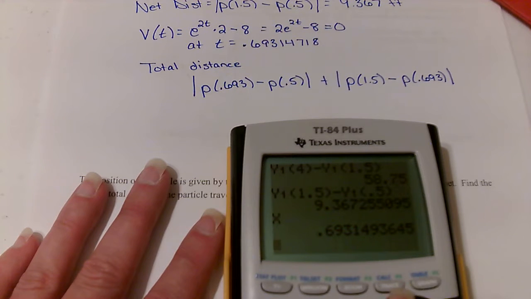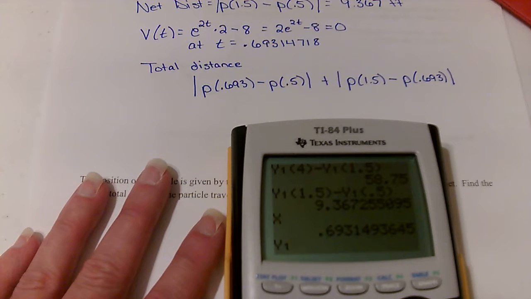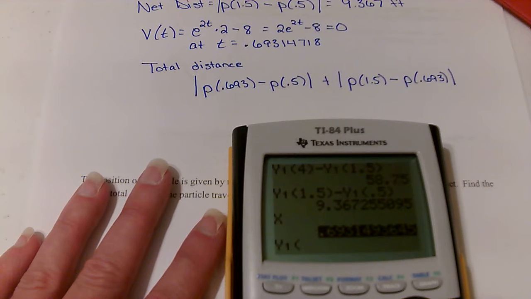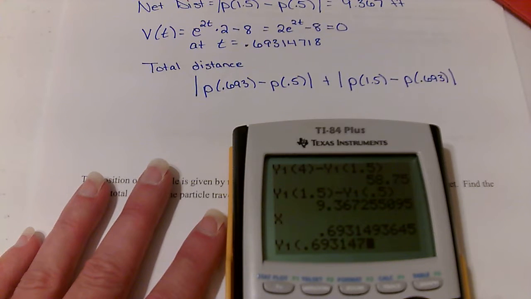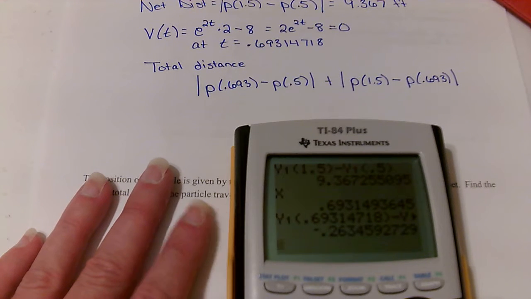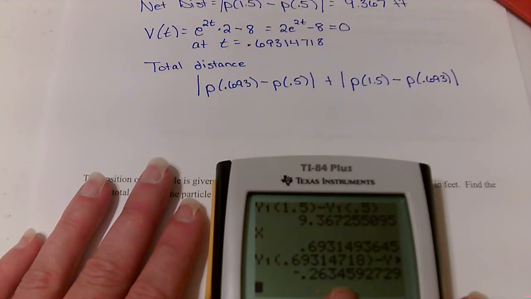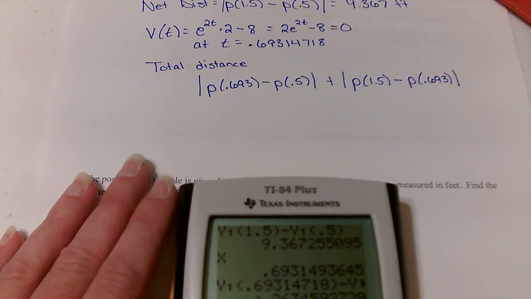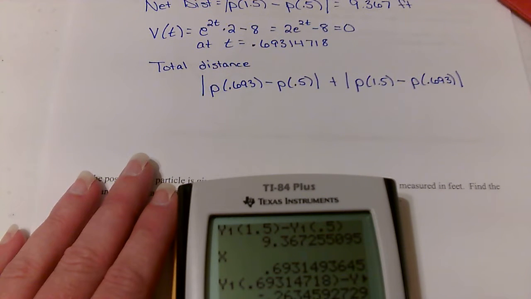So I can find y1 of that value, or we could type in the whole thing if we wanted to from exactly what we saw, 4718, minus y1 at 0.5, and it gave me negative 0.263456. I'm going to need the positive version of that.